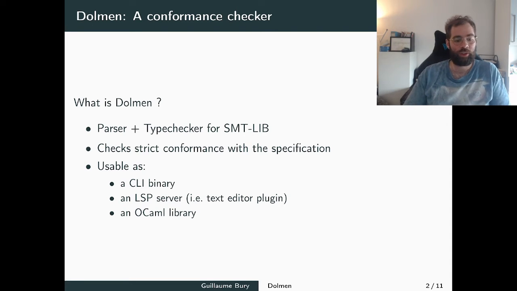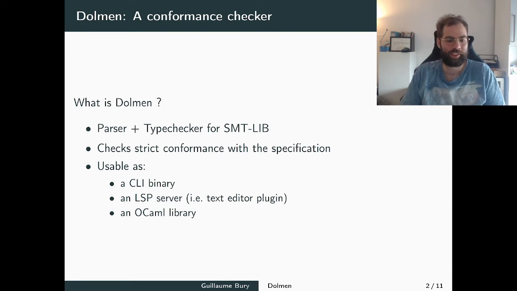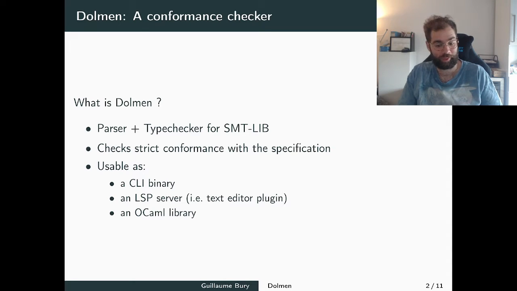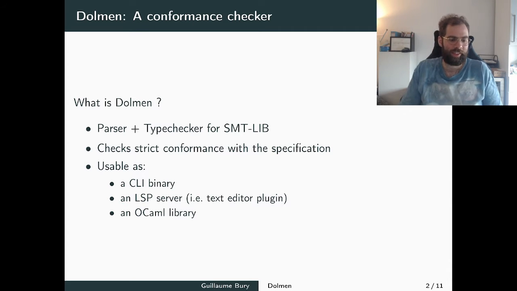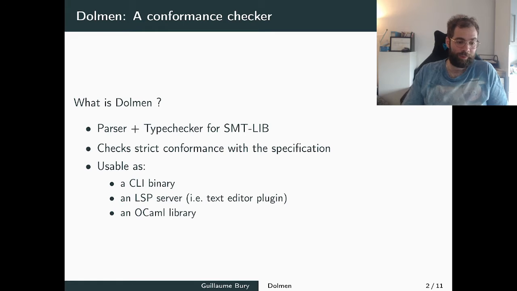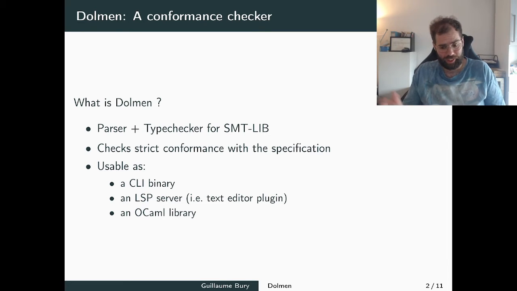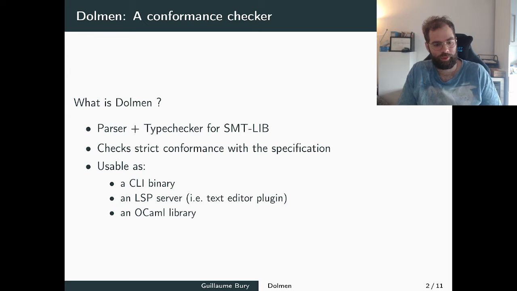But Dolmen also offers an LSP server, so basically a text editor plugin, so that you can have the warnings and errors that Dolmen returns directly in your editor when you're editing SMTLIB files. And lastly, Dolmen is written in OCaml, so it offers an OCaml API for projects that want to use Dolmen to parse and type problems.